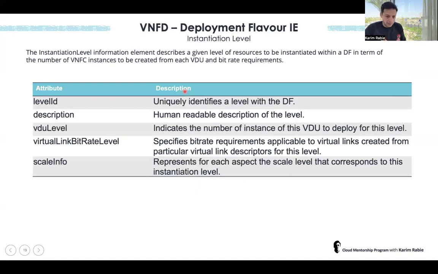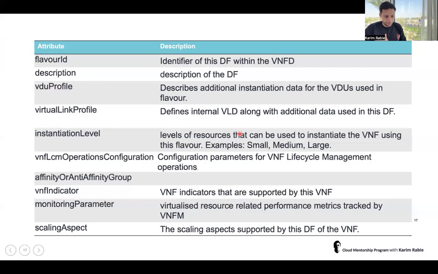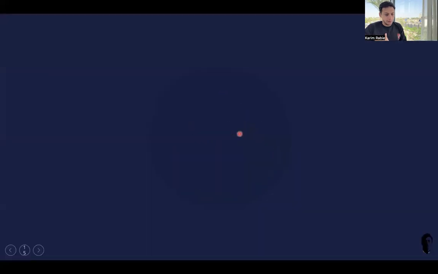If you need more details, you can go to the ETSI NFV standards. And here, for example, is the instantiation level, where you see something called VDU level. This is the exact number of VMs, or number of VDUs. That's how the VNFDs are structured and constructed. So this was the last slide.